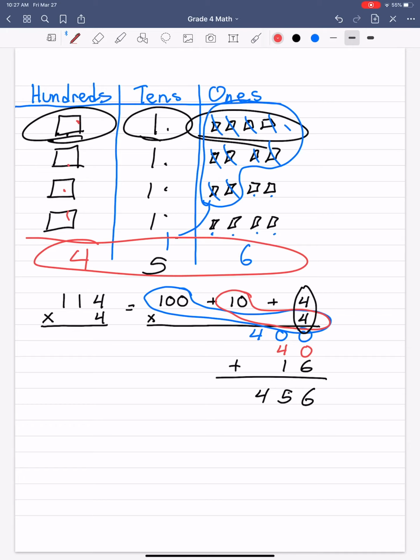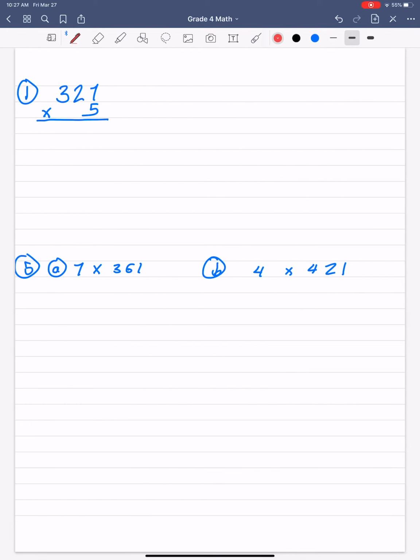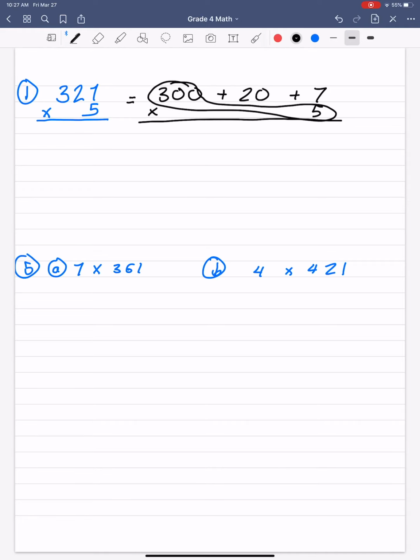Okay, now let's just try it with some numerals. So number 1, 327 times 5. So let's turn that into expanded form. 300 plus 20 plus 7 multiplied by 5. So we're going to multiply our hundreds times our 5. So 3 times 5 is 15, and add your 2 zeros on the end.